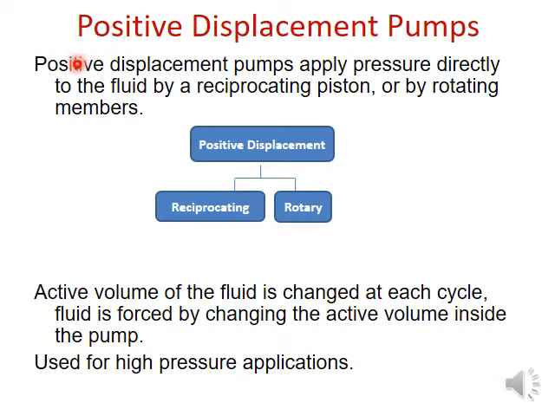Okay, positive displacement pumps apply pressure directly to the liquid by a reciprocating piston or by a rotating member in the machine. And these positive displacement machines can be classified into two types. One is reciprocating type positive displacement pumps. The other is the rotary type positive displacement pumps. In all these, the active volume of the fluid is changed at each cycle.